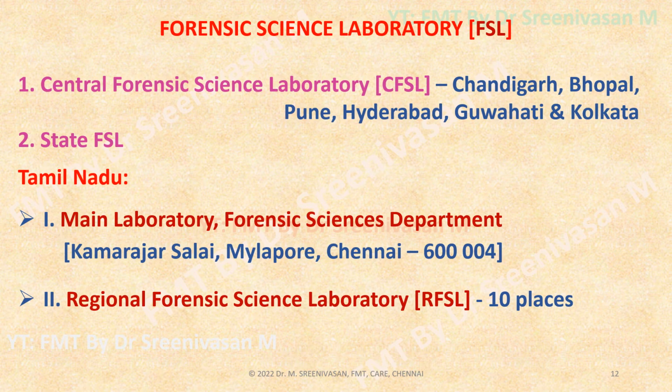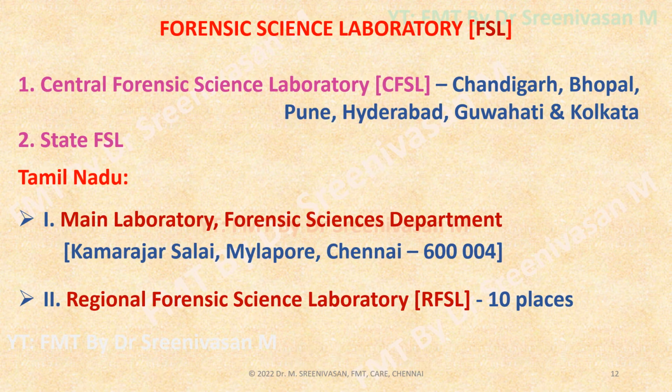So all the forensic samples in and around Chennai, those collected from the autopsy centers, are sent to this laboratory for analysis, for detection of poisons, etc. Whereas in the state of Tamil Nadu, there are 10 different places like Tanjavur, Madurai, Coimbatore where Regional Forensic Science Laboratories, RFSL, are situated.